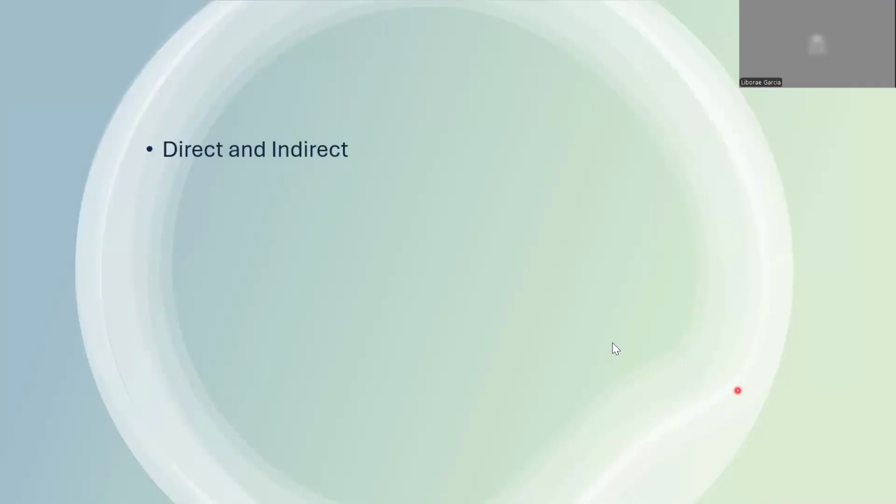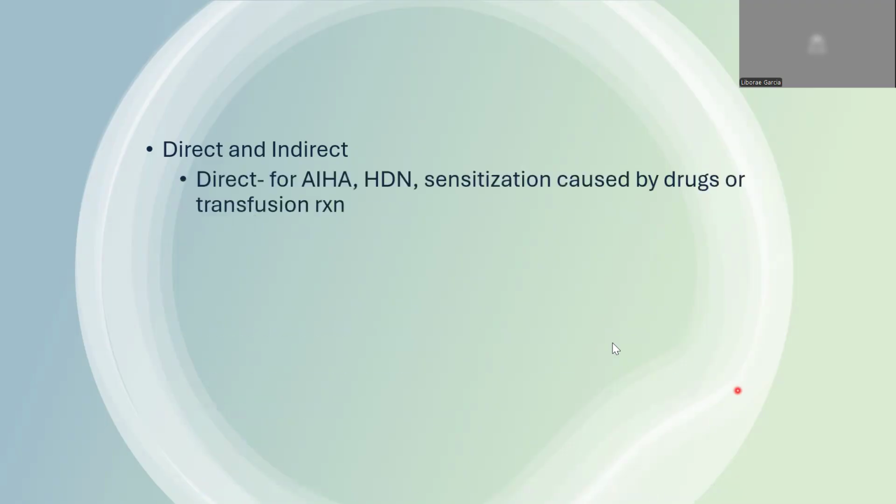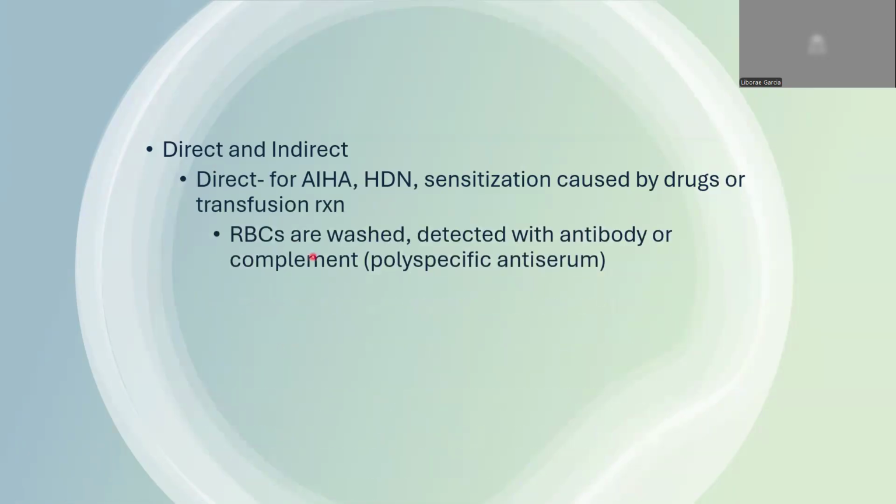So you have two types of antiglobulin testing, direct and indirect. Direct is to detect in vivo sensitization of your RBCs. So this is used to detect autoimmune hemolytic anemia, hemolytic disease of the newborn, and sensitization caused by drugs or transfusion reaction. Okay. So here, RBCs are washed, then tested with your antibody or complement.